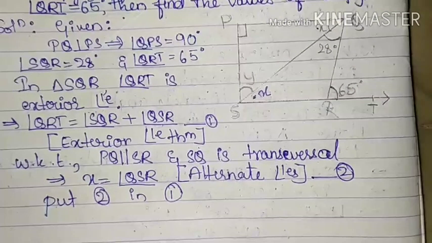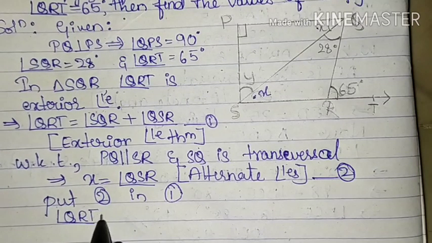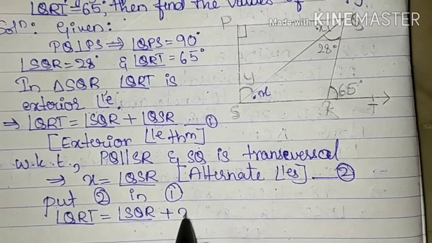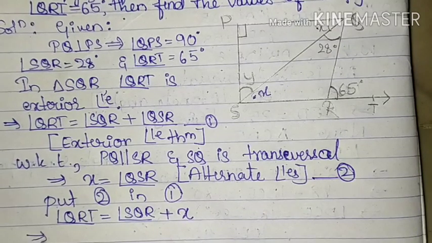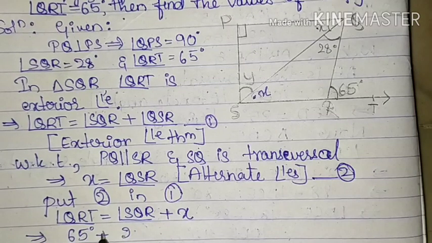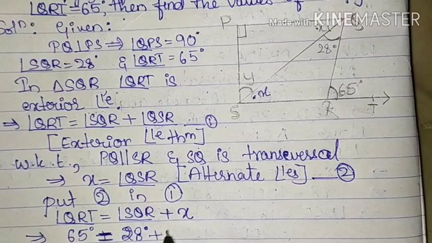So we'll get angle QRT is equal to angle SQR plus x. So this implies 65 degrees is equal to 28 degrees plus x.